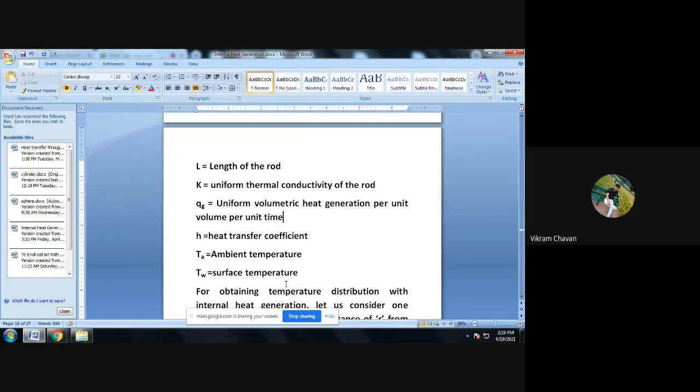Then next, small h is equal to heat transfer coefficient.